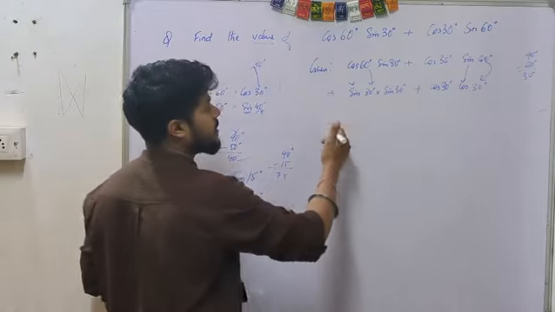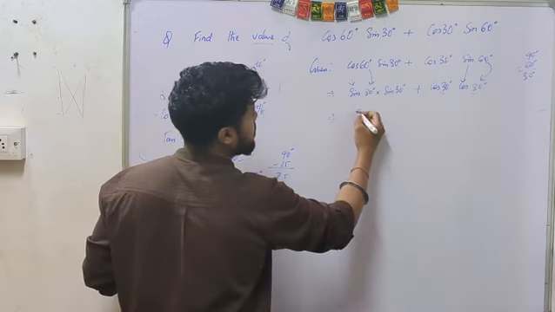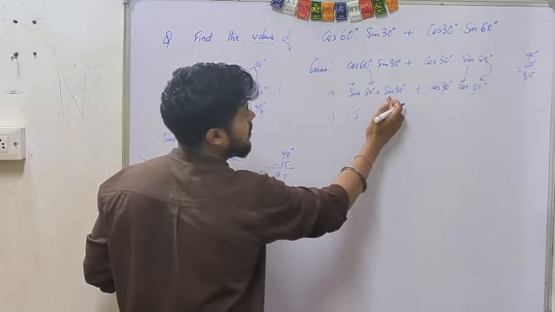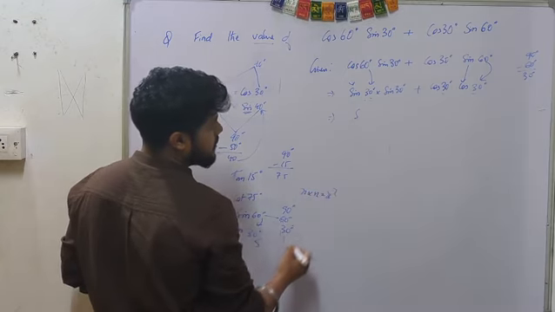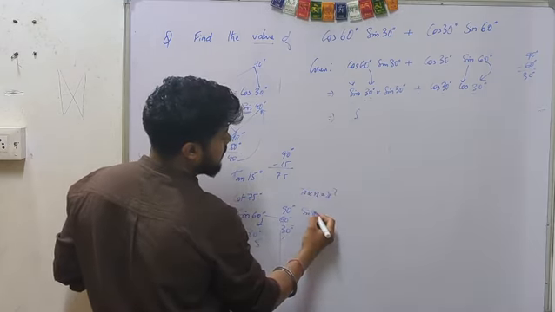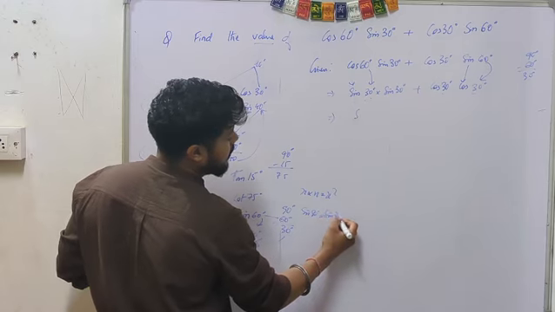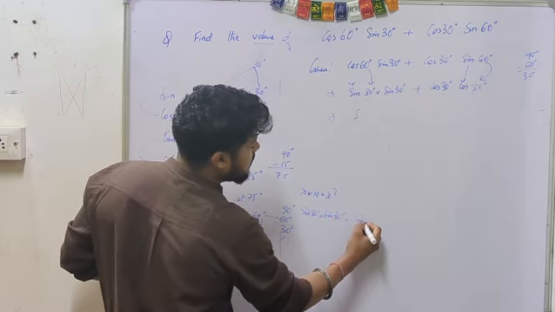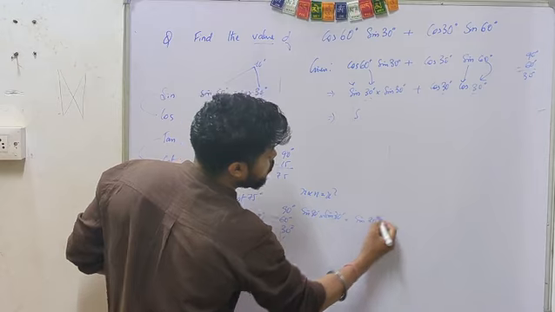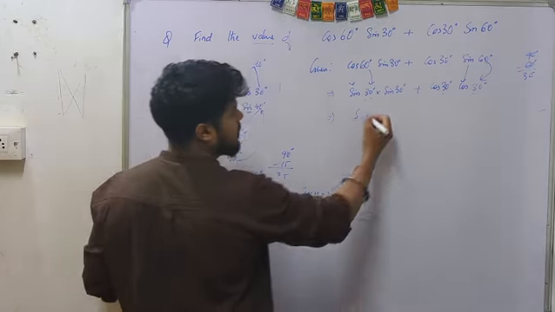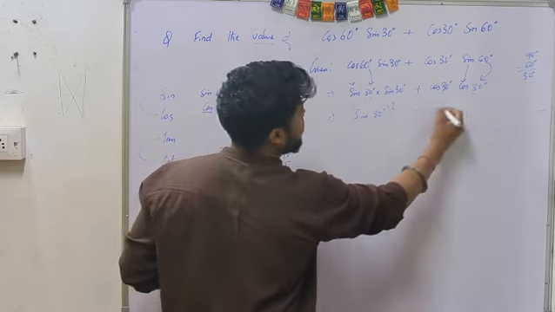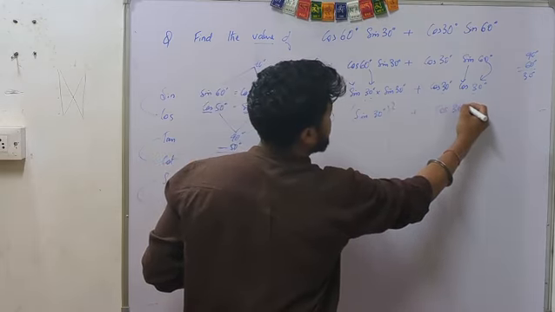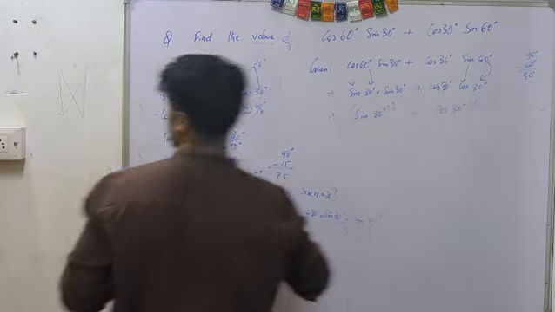See, all the angles are 30 degree, and these two are sine. Check, both are being multiplied. Remember, x into x is always x square. In the same way, sine 30 degree into sine 30 degree will give you sine 30 degree square. Same way here, cos 30 degree square.